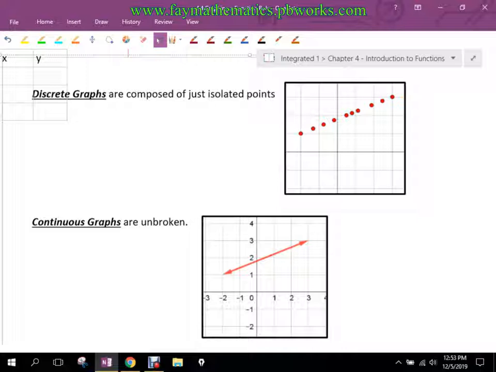They might have kind of a linear correlation, but they could be bouncing all over the place, okay? The graph I've shown here is a linear relationship, right? Okay. But scatter plots or just any graph in which I do not connect the dots, okay? I do not connect the points. We call those discrete graphs, okay? Discrete just means composed of isolated points, no connecting or anything like that, okay?